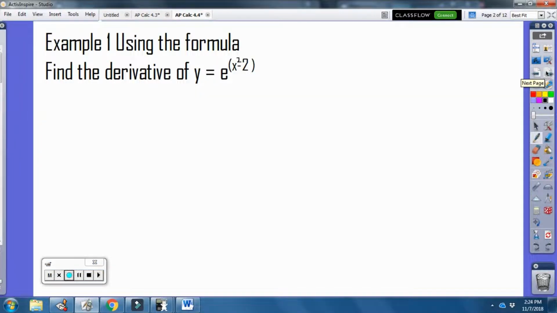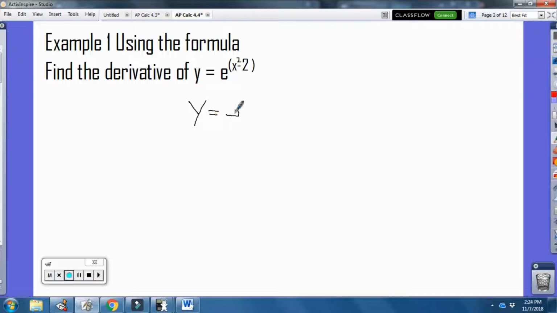So this is how those problems would actually work out. We said the derivative of e to the x is e to the x. Well, in this case, I have y equals e to the u, where in this case, u is x squared minus 2. And u prime would just be 2x.